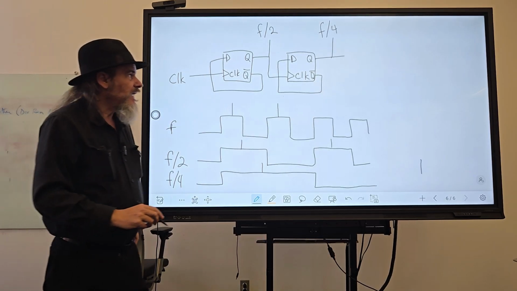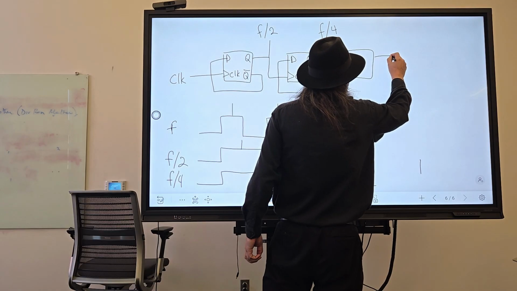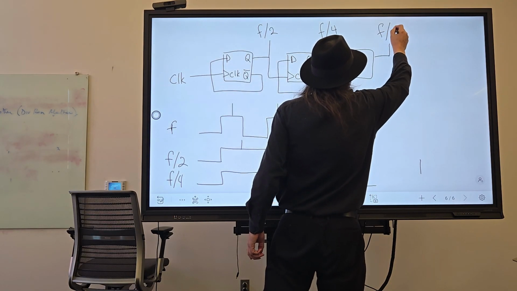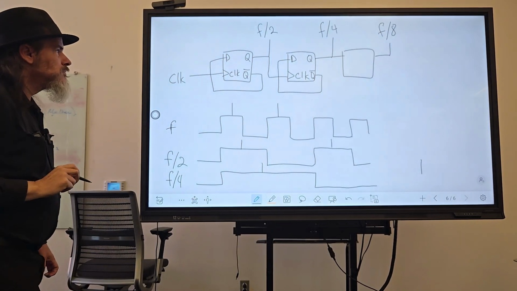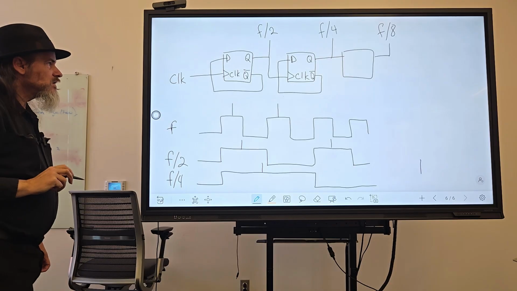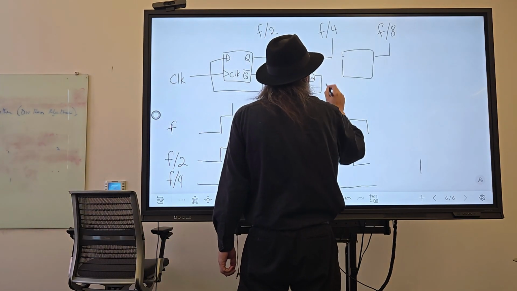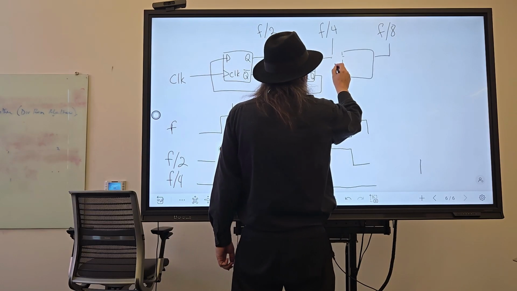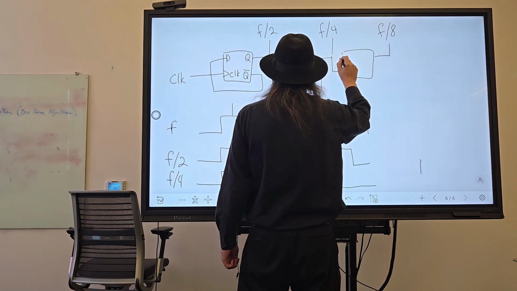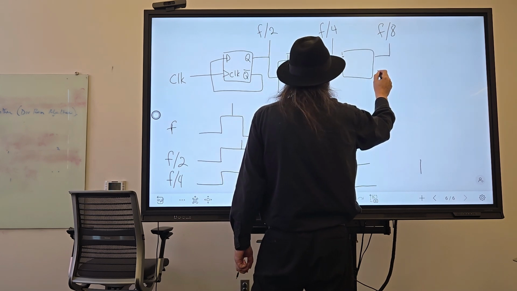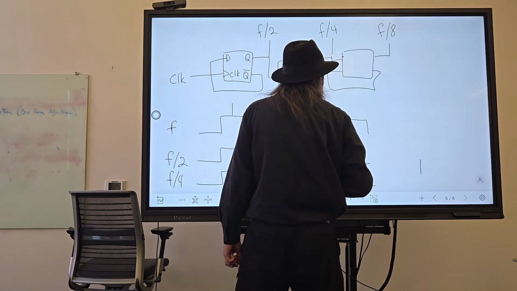So if you were to add another block, this would be frequency divided by 8.